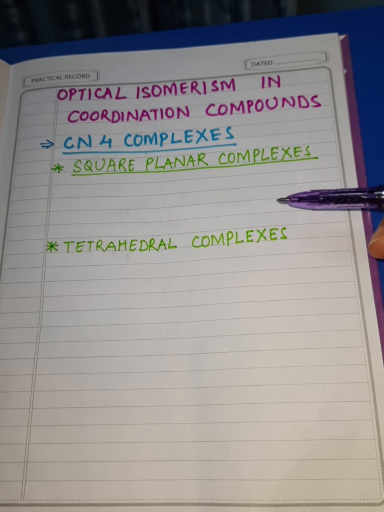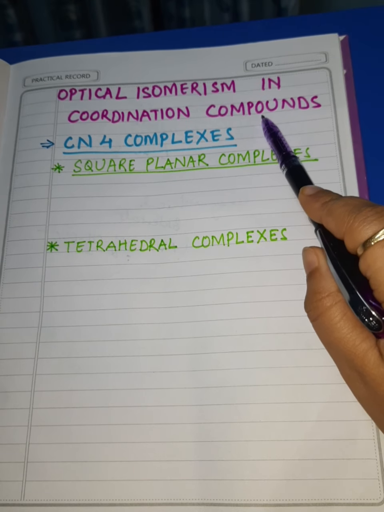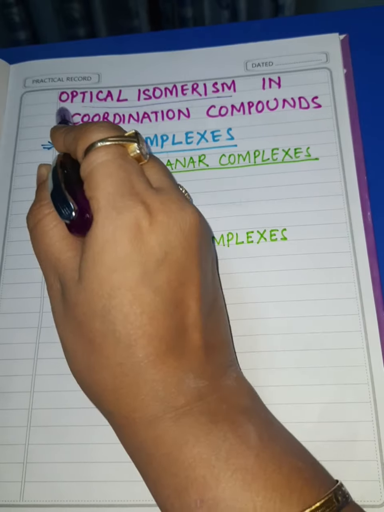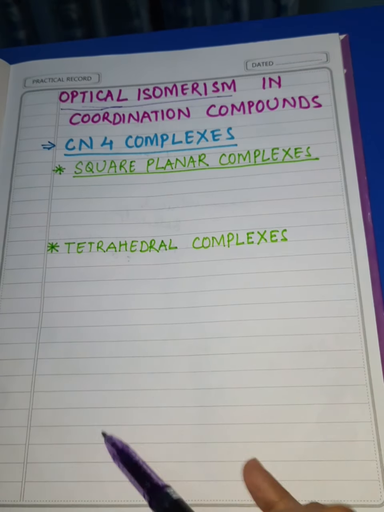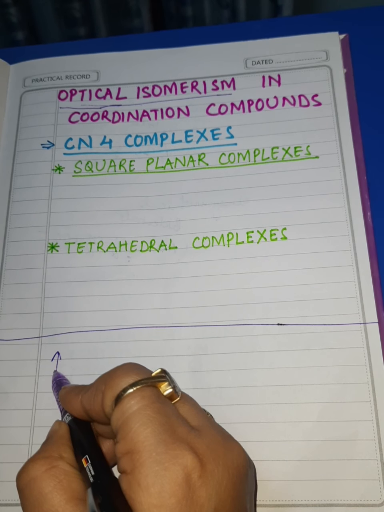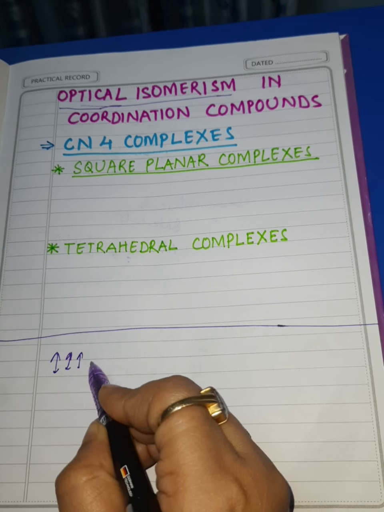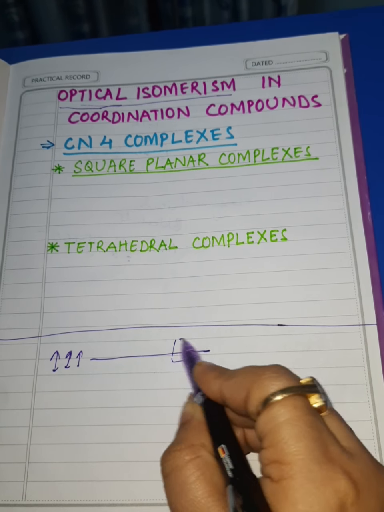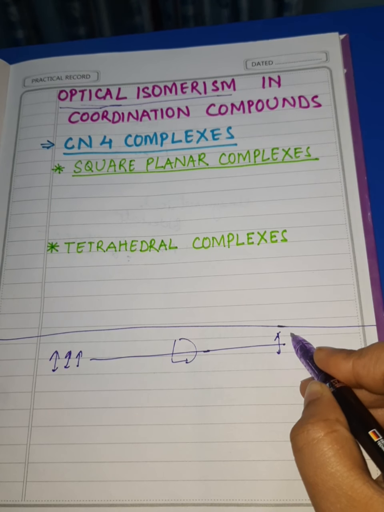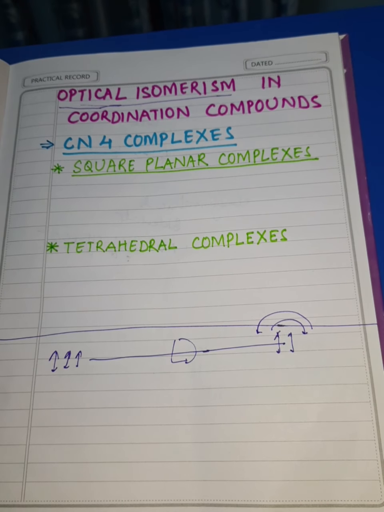Hello dear students, today we are going to study optical isomerism in coordination compounds. I hope all of you know the meaning of optical isomerism. It's due to the fact that when plane polarized light is passed through an optically active compound, this compound rotates the plane of the polarized light either clockwise or anti-clockwise.